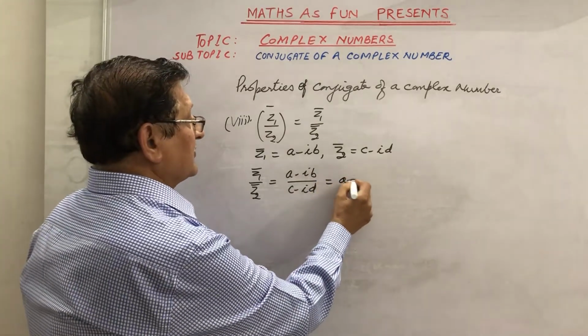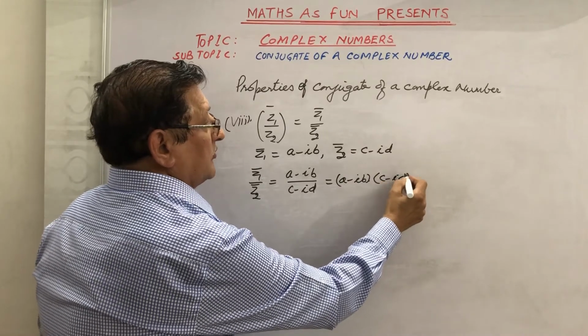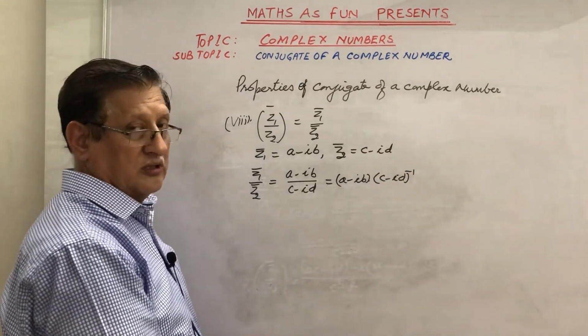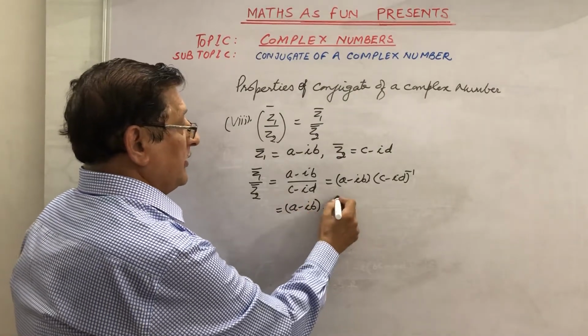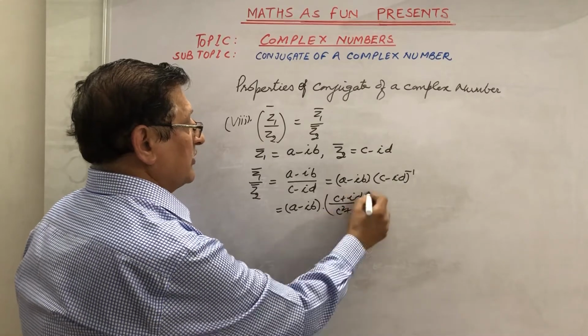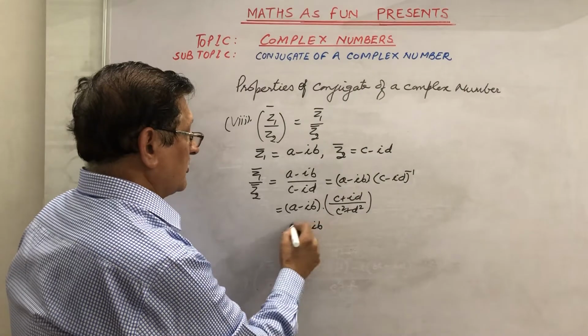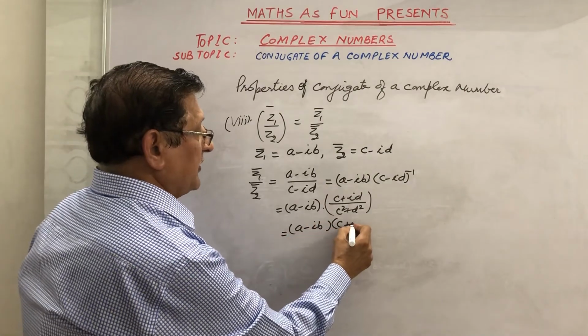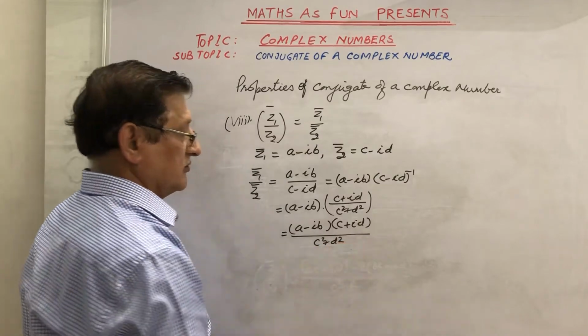We can write this as (a minus ib) into the multiplicative inverse of (c minus id). That is (a minus ib) into (c plus id) upon c square plus d square.